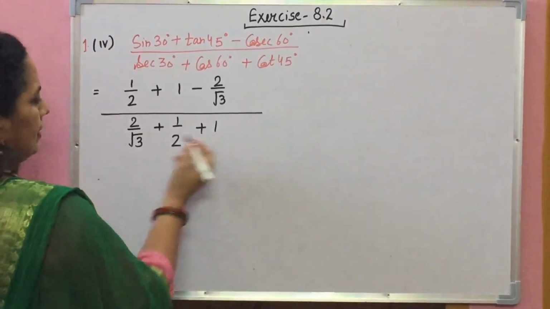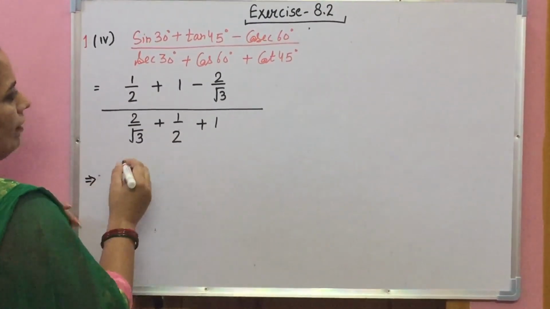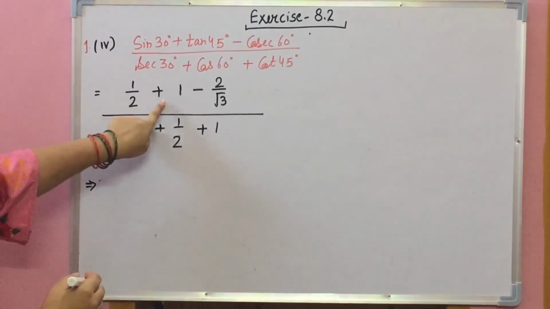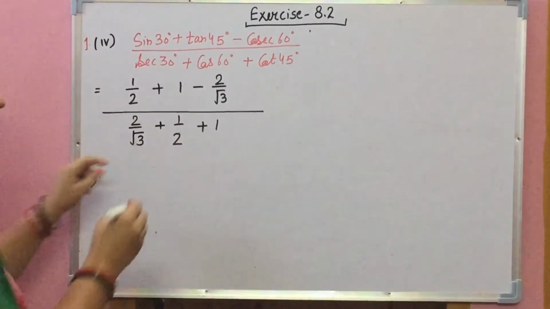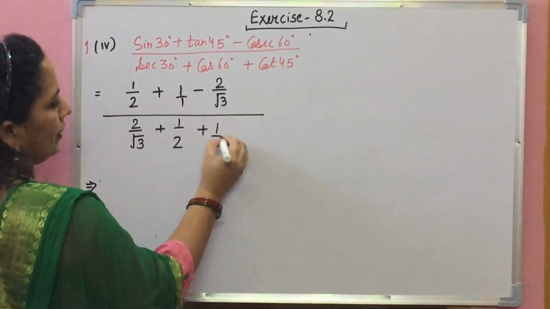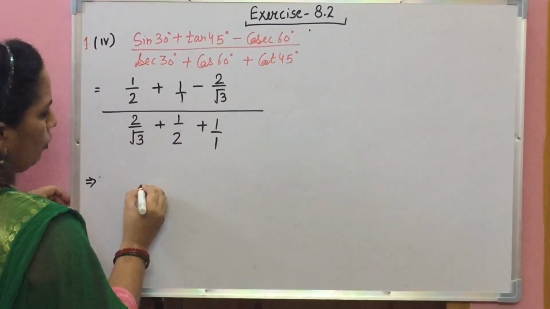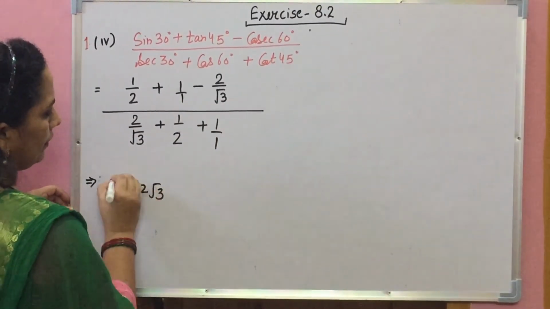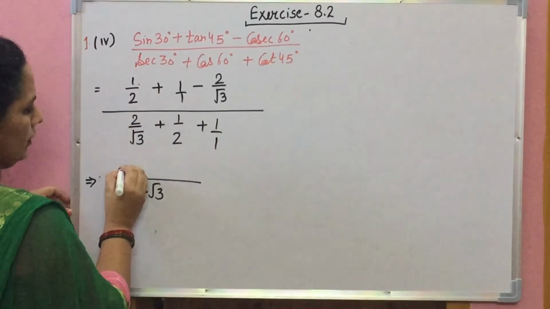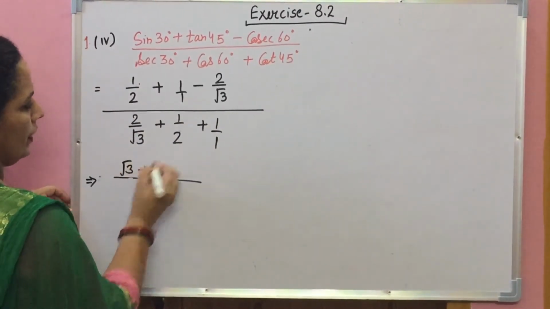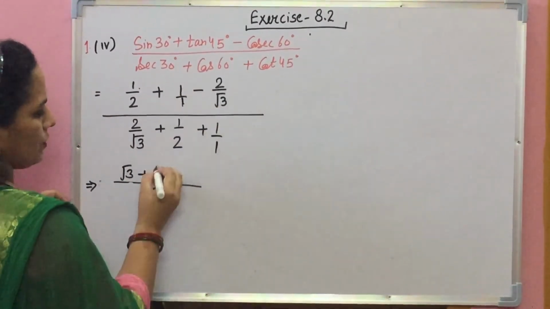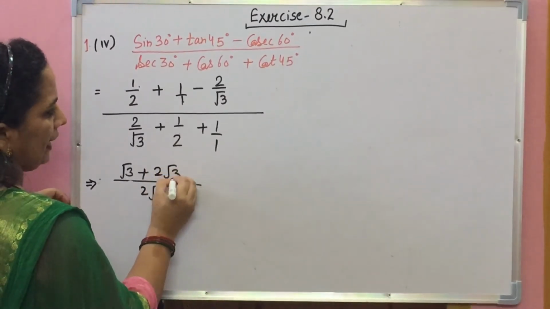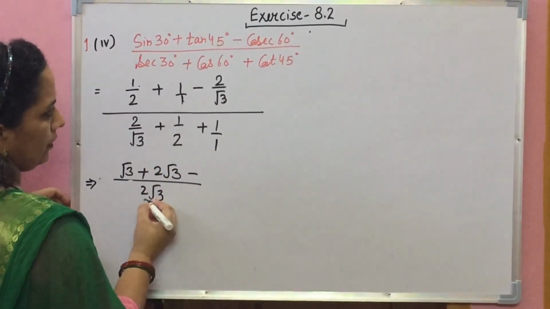Take the LCM. We have to do here LCM of numerator term as well as the denominator term. Here we can write 1. So LCM of numerator, here square root of 3. Here we have 1. That's why we have to write here complete term. Then 4.